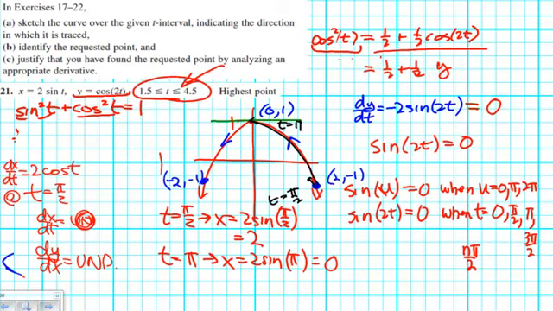And we can use the derivative to confirm that, because at t equal pi, dx/dt is 2 cosine pi, and cosine of pi is negative 1, so it's negative 2.